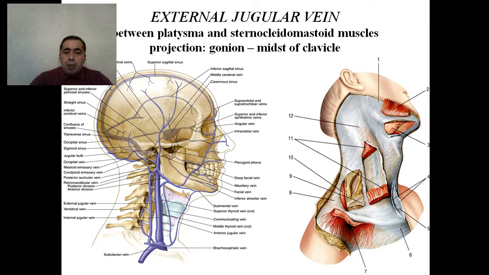It opens maybe independently into the venous angle, which is formed constantly between the internal jugular vein and the subclavian vein. Maybe it opens into the internal jugular vein of the same side, between the platysma and sternocleidomastoid muscles, projecting from the gonion to the middle of the clavicle.